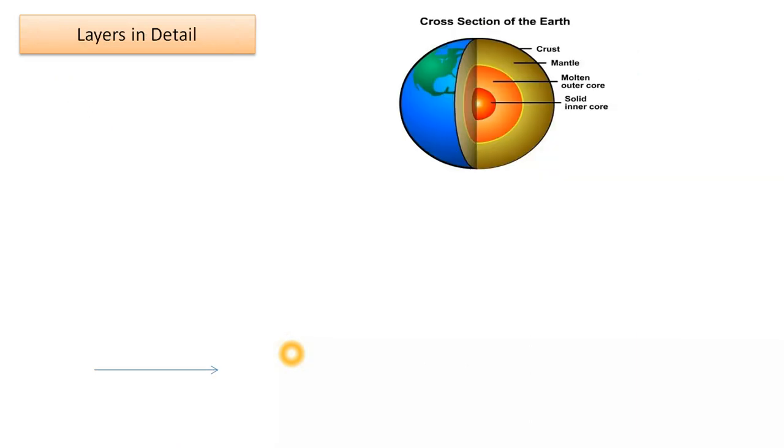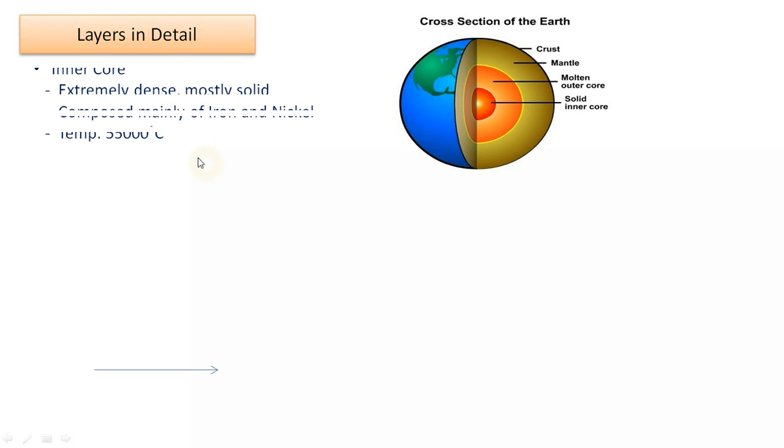So the first one is inner core. Let's talk about the inner core. The innermost layer, as the name suggests, is extremely dense, and it's solid in nature. This inner core is composed mainly of iron and nickel. So you will see the inner core mostly contains a lot of iron inside it.